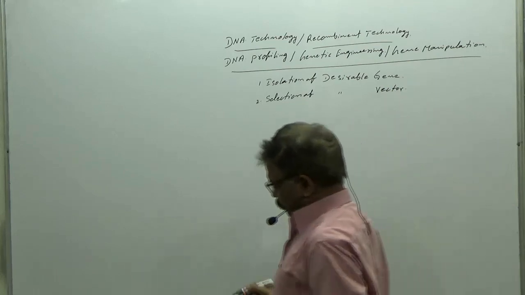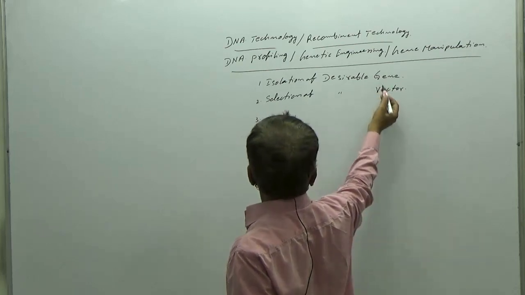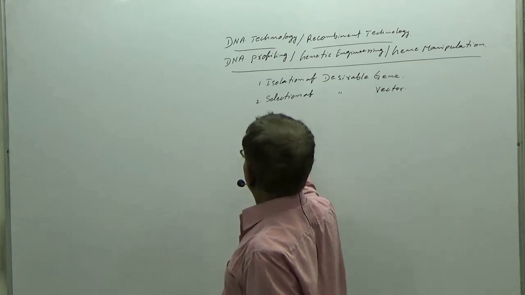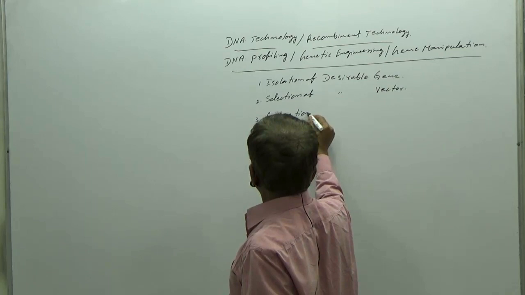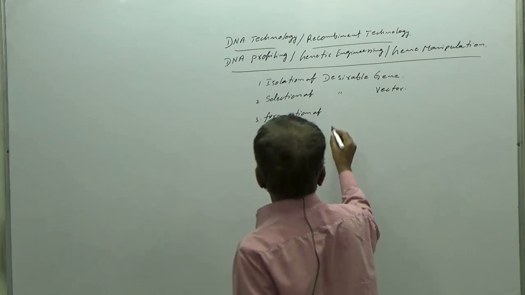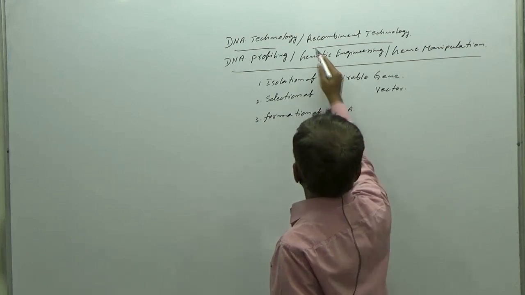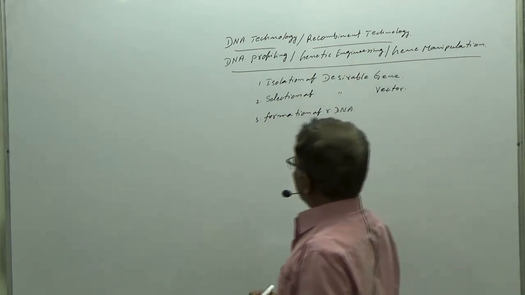That is the second step. Then inserting this gene into the vector, that leads to formation of rDNA, recombinant DNA. This is the third step.